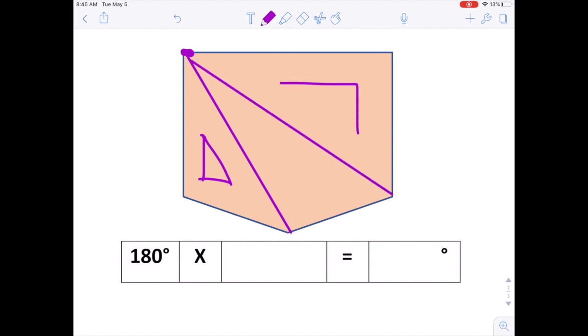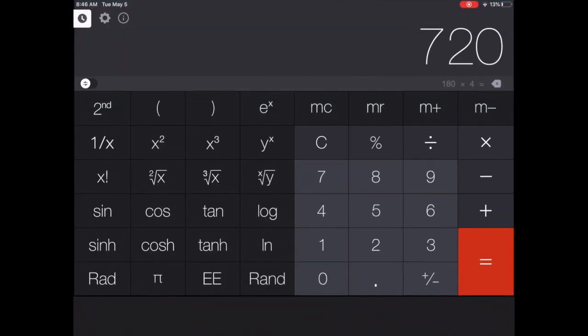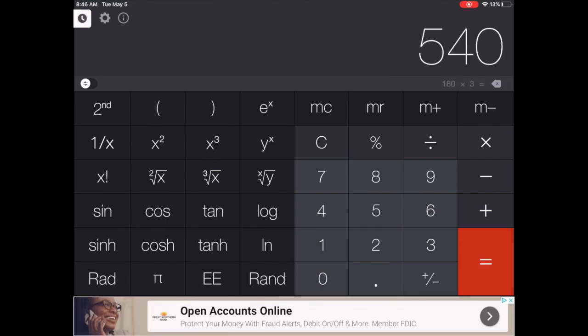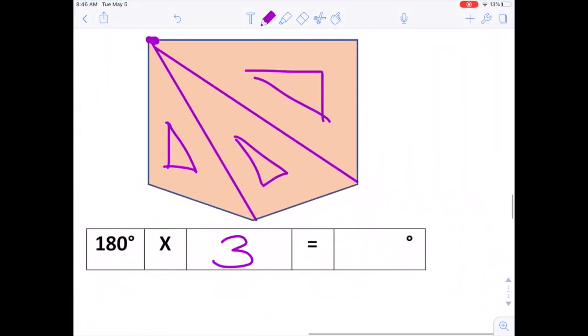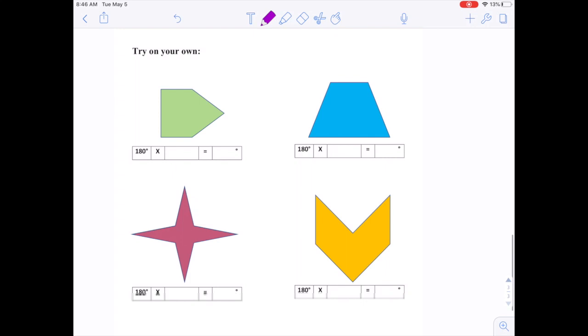I made a triangle here and a triangle there. So I have 3 triangles inside of this shape. 180 times 3. 540. So 540 degrees.